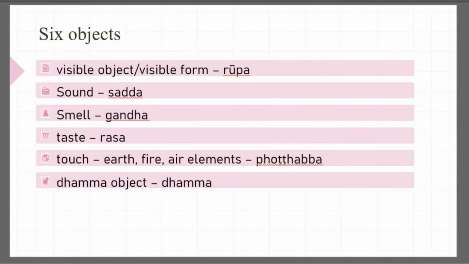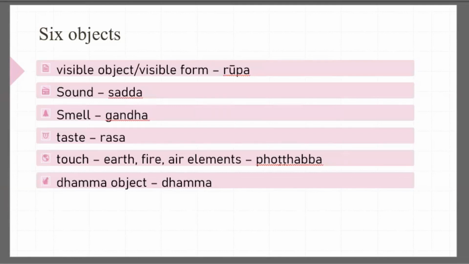Water element is included in subtle rūpas, subtle matter. Therefore, here we take only 3 great elements: earth, fire and air. In chapter 6, we will learn about materiality in detail.